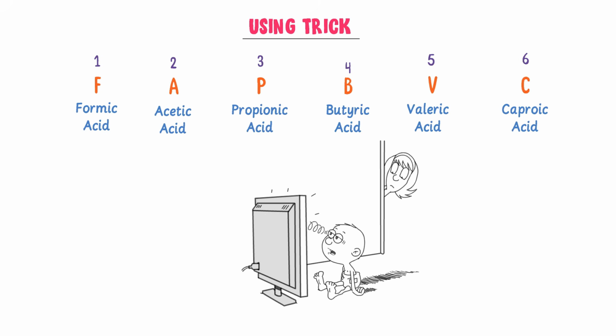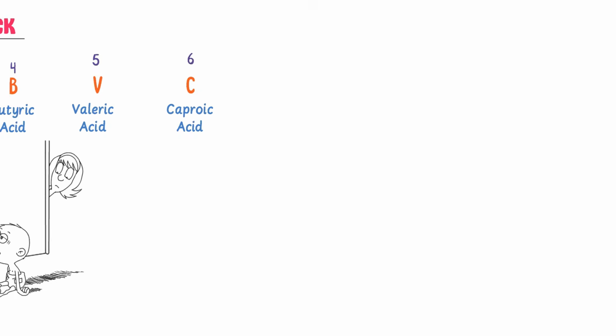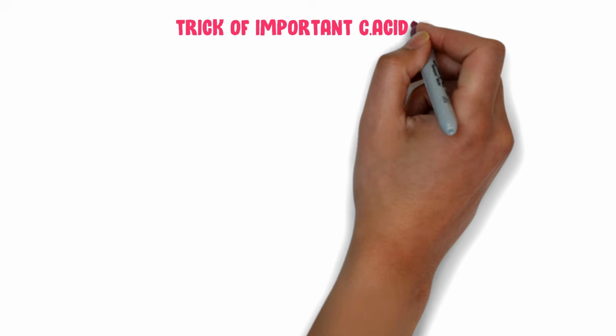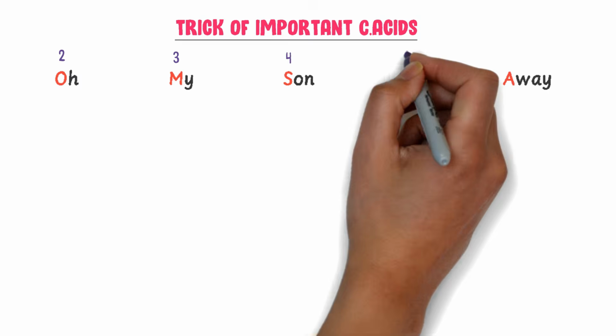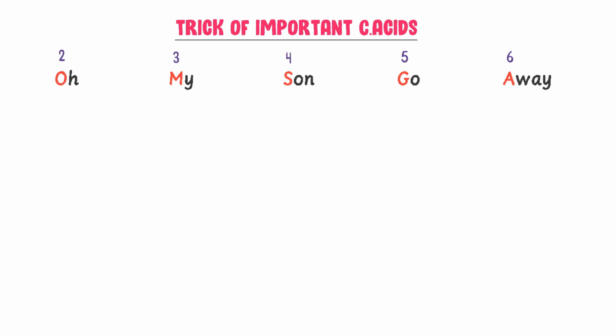Also, let me teach you some important carboxylic acids whose IUPAC names and common names are asked in exams. My personal mnemonic or trick is to write, "Oh my son, go away." Let me repeat it. "Oh my son, go away." And I write 2, 3, 4, 5, 6. Now consider this organic compound.